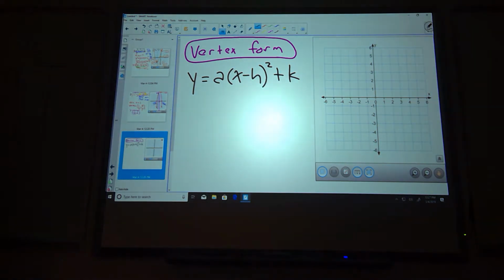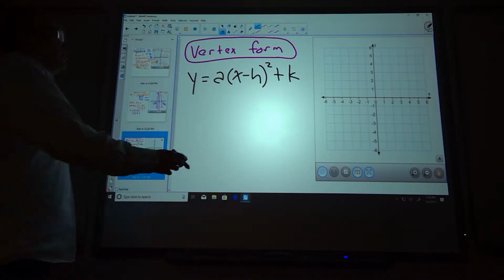Now the great thing about this, does everyone agree that in math, if you have pictures, they can shift right, left, up, and down? Does that make sense? So this is the foundation. It's always going to be the same. If you have something grouped, it's going to shift right or left. If you have something that's outside of it, being added or subtracted, it's going to shift it up or down.